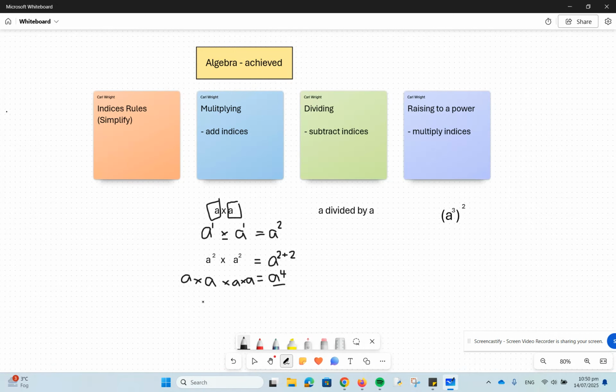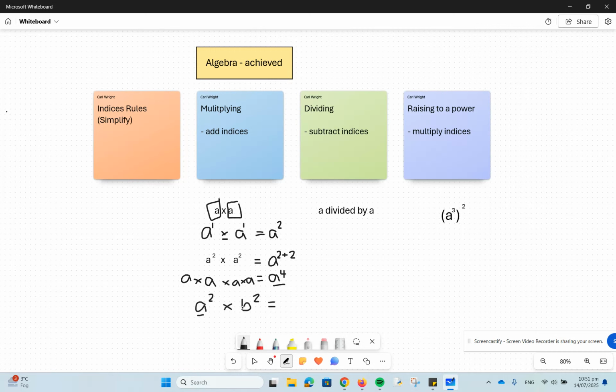Now, what happens if I've got an A squared times B squared? Do I add the indices? No. You can't add the indices if the base is different. Now the base is the letter to the power.